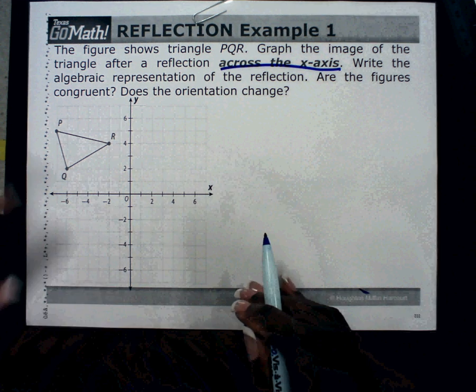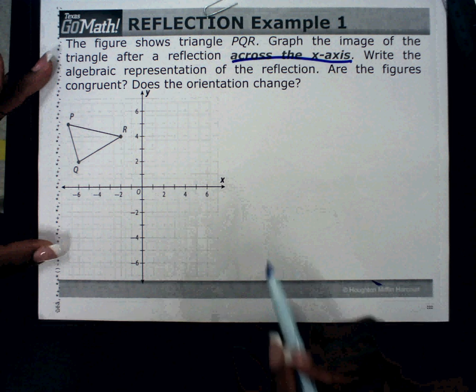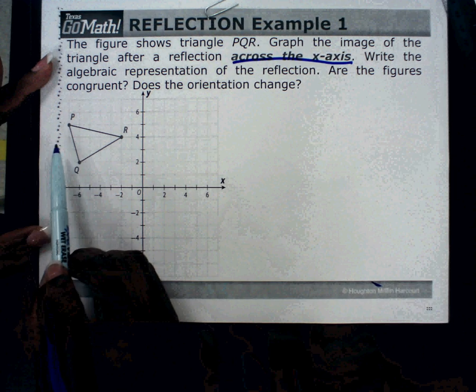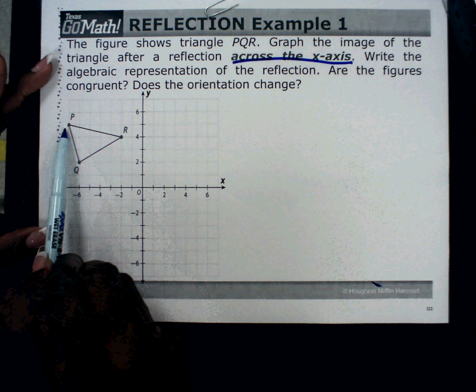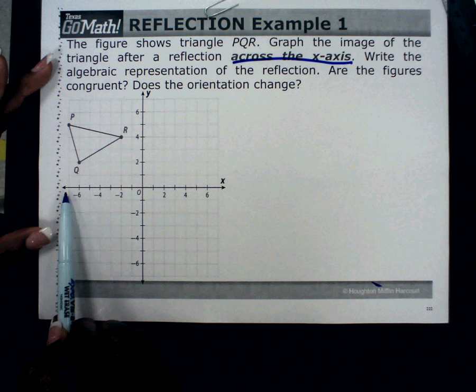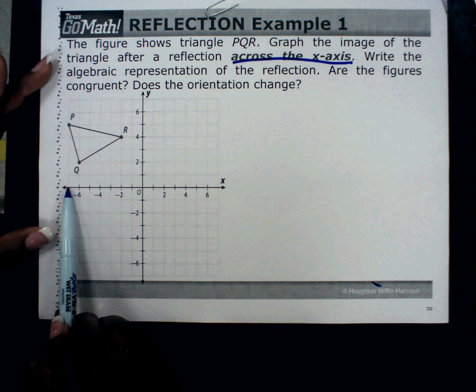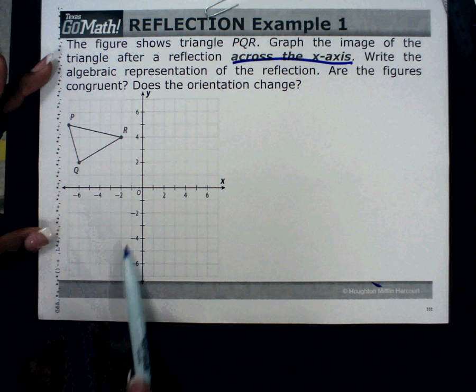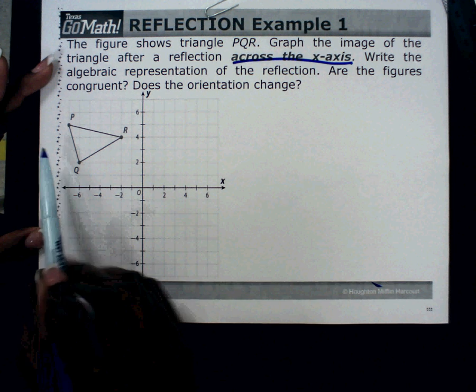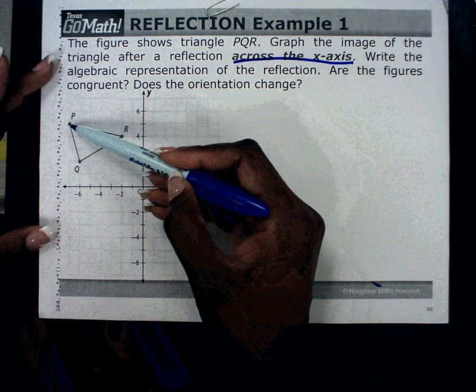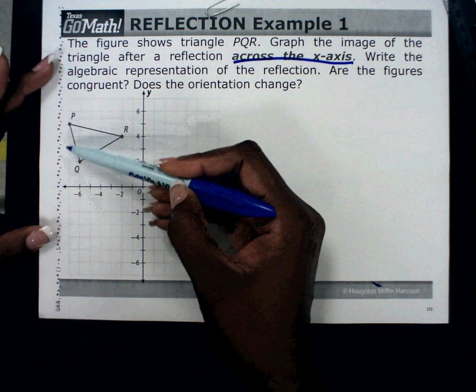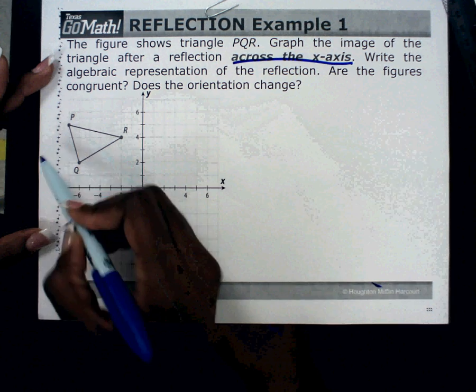So let's start with point P, or vertex P, and we want to see what is the distance from P to the x-axis, and then we will reflect it that same number of units across the x-axis to quadrant 3. So from P to the x-axis we have 1, 2, 3, 4, 5.